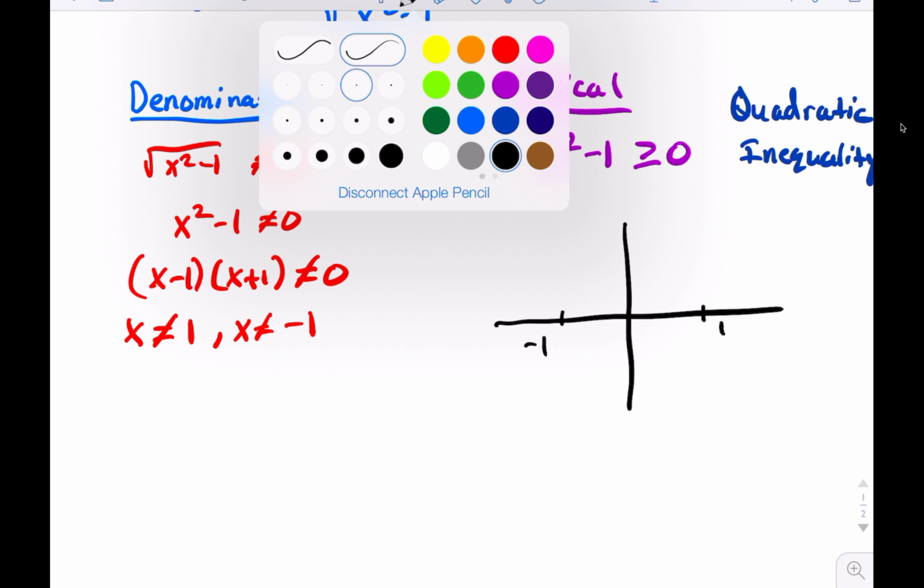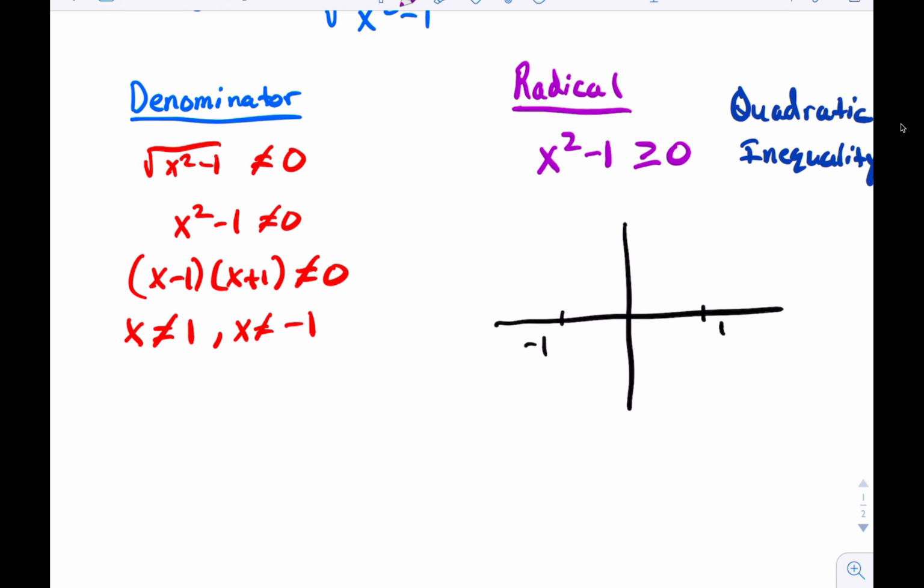When I graph my quadratic, I just have to make sure that it goes through those two zeros. Because it's x squared minus 1, it's not going to go through the origin, but it's going to go through y equals negative 1. So it's going to look something like this.